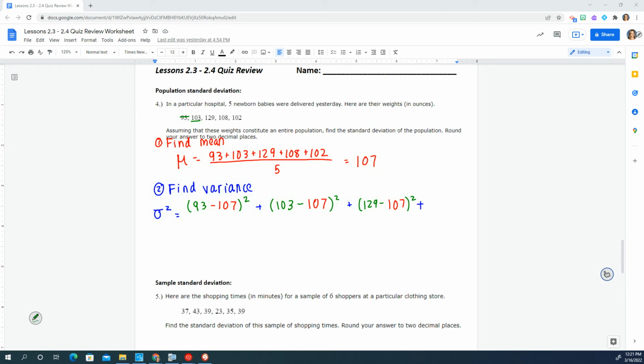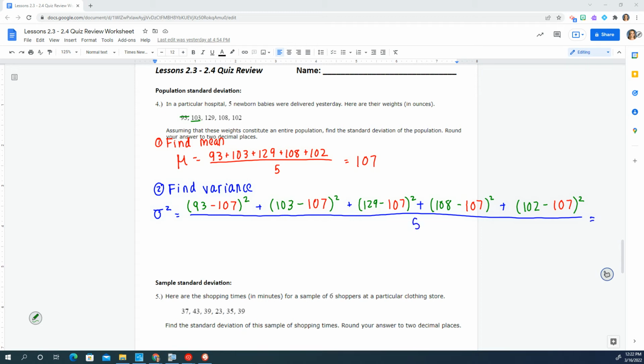Oh, just kidding, I have to do 108 and 102. Okay, so to find the average, we divide by the number in our population, which is 5.